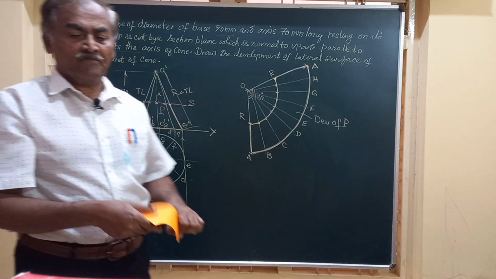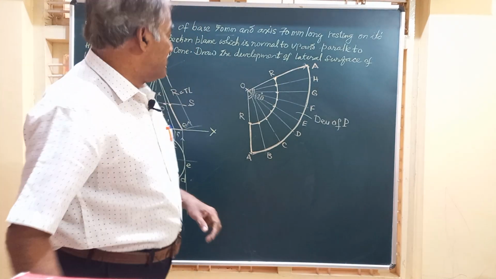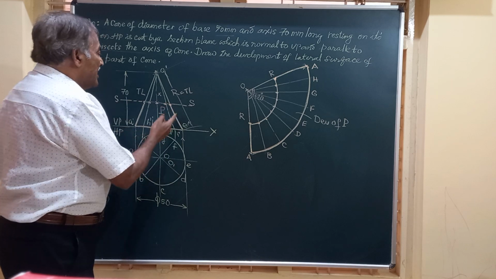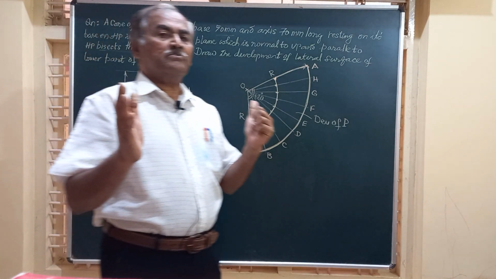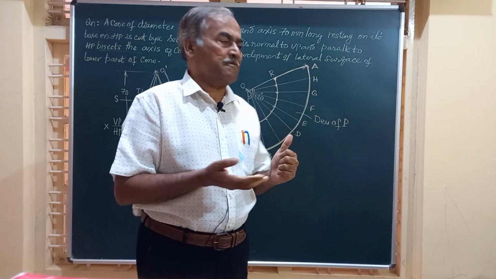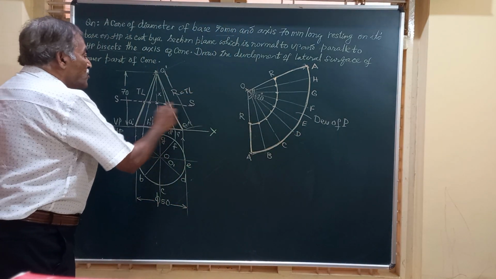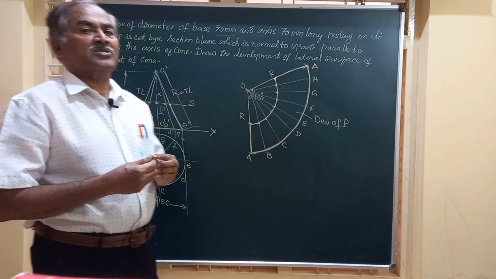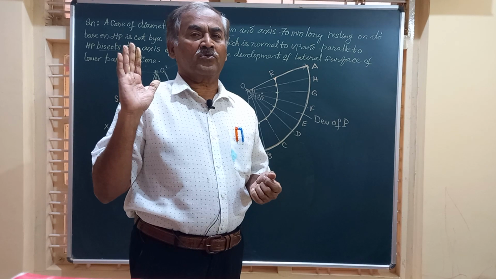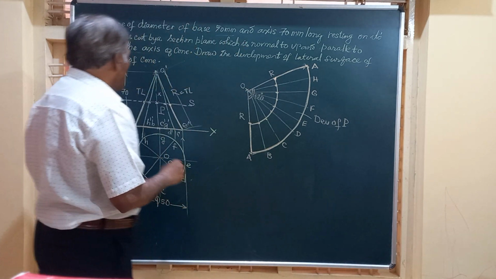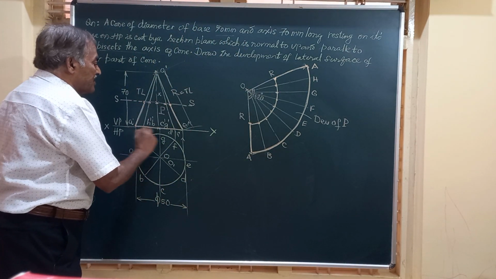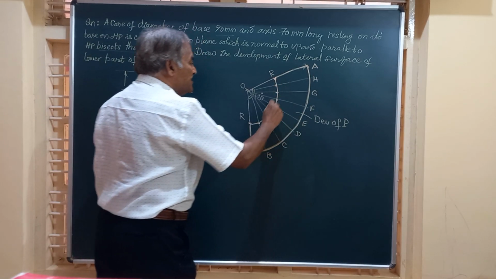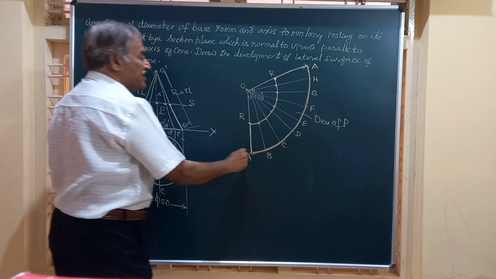And friends, here is the portion of the cone which is below the section plane, and whenever a cone is cut by a horizontal section plane, that part of the cone is called the frustum of a cone. In the frustum of a cone, the top and bottom faces are parallel to each other. That's why you are getting this curve parallel to this base.